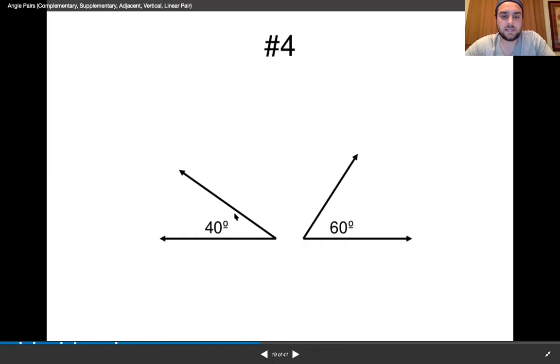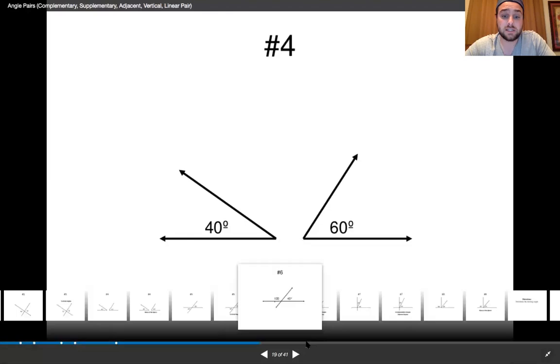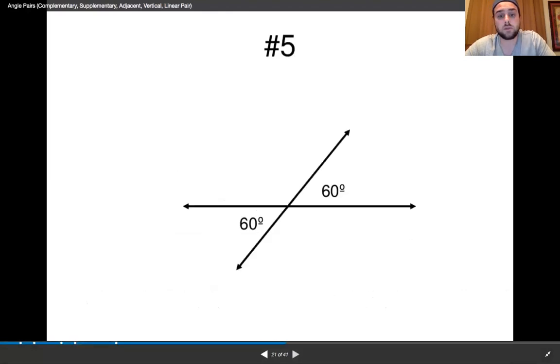These are not adjacent. These are not vertical because they're not crossing in an X and they don't equal each other. They're not supplementary because they're not adding up to 180 either. So I would say this is none of the above. Coming here, once again, we have crossing angles, both equaling each other. Those would be vertical angles.